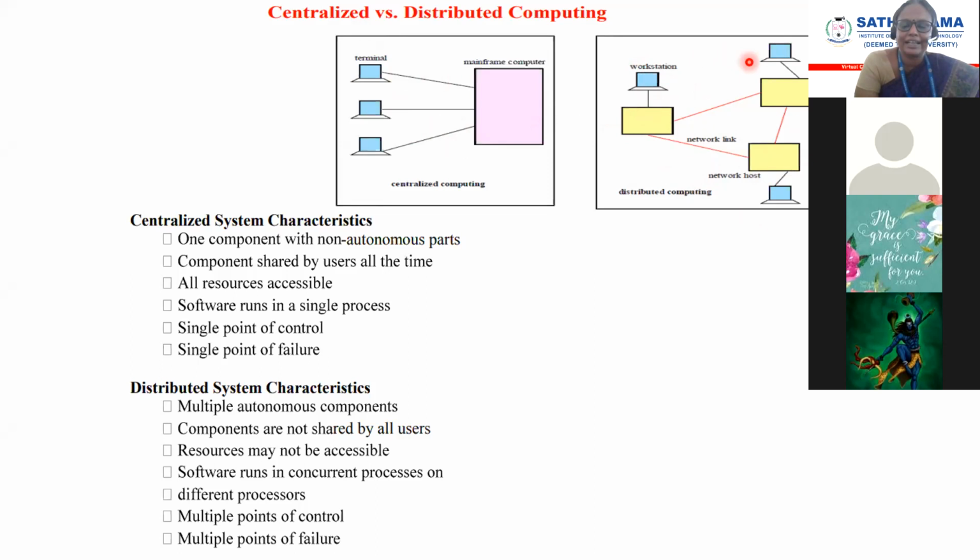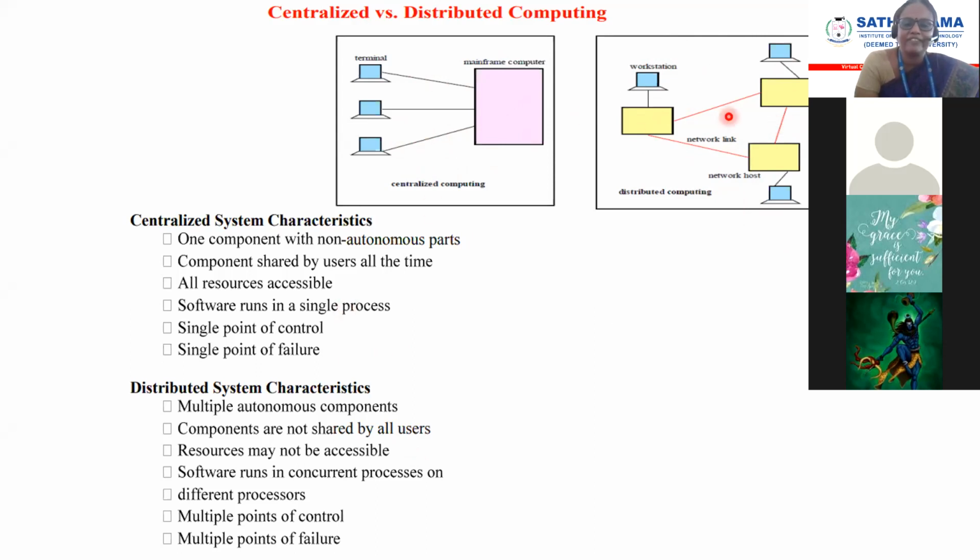The main disadvantage is that the components are not shared by all the users at the same time. Similarly, centralized is a single processor, but distributed has different processors. Centralized is a single point of control, and this has different points of control. Centralized is a single point of failure, and this has different points of failure.